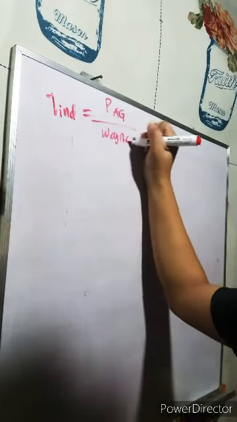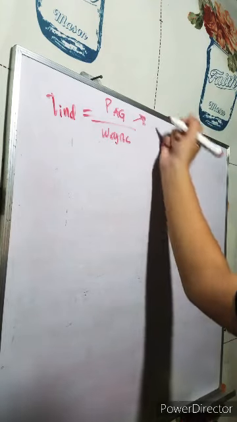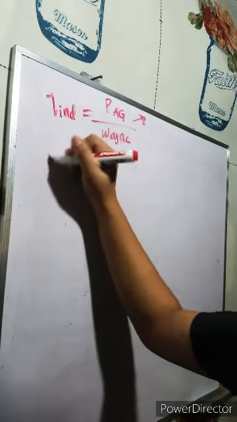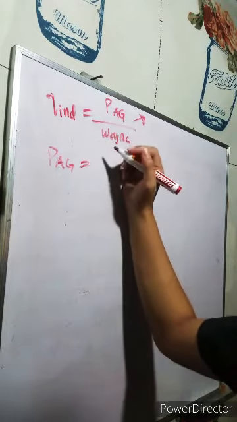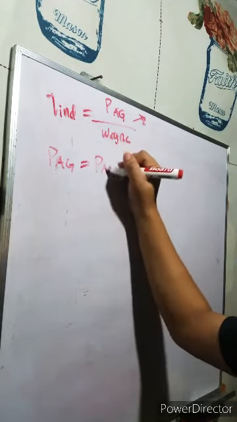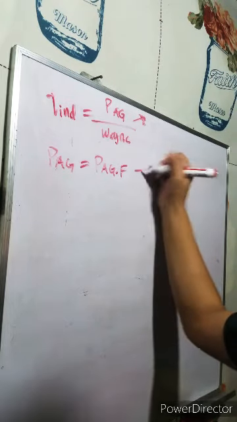we can solve first for the air gap power, where air gap power is the forward air gap power minus the backward air gap power.